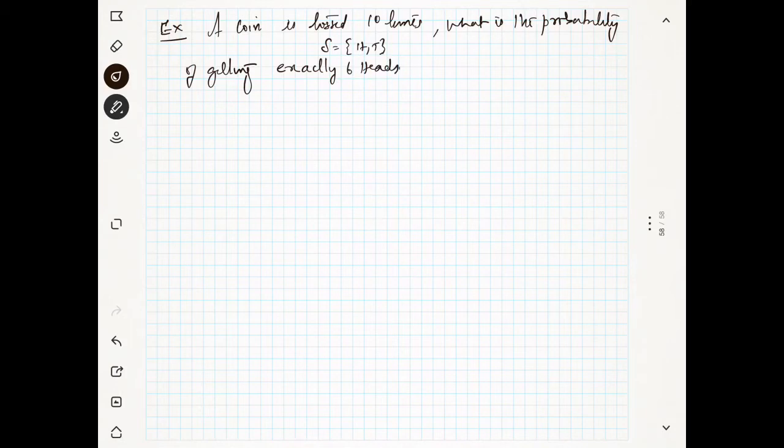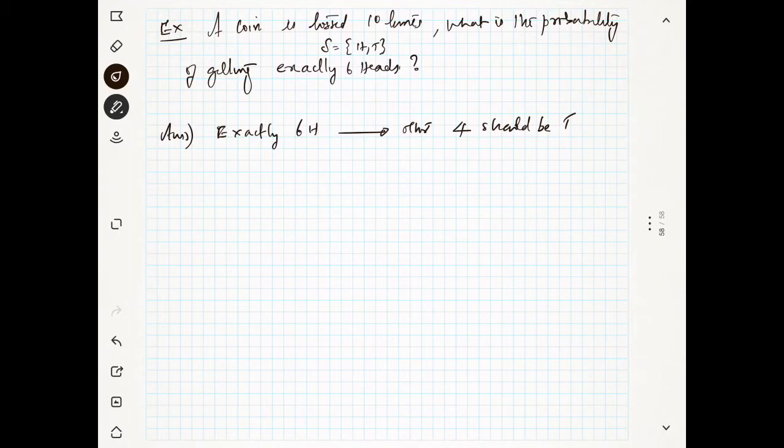Exactly 6 heads means the other 4 should be tails, right?